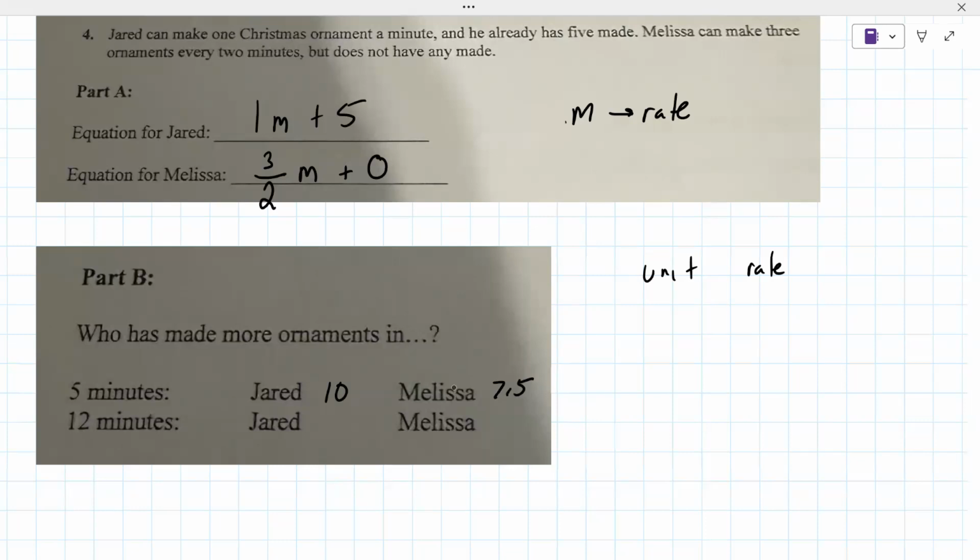How about in 12 minutes? How many has Jared made? Jared has made 17, and Melissa, 36 over 18... Melissa's made 18. Very good.